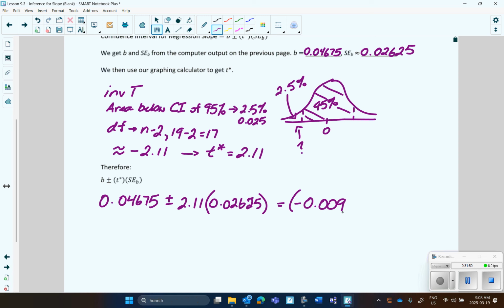And then we would do 0.04675 plus 2.11 times 0.02625, and that will give us, if we go to 3 decimal places again, positive 0.102.